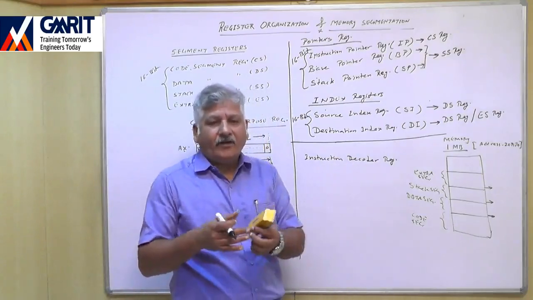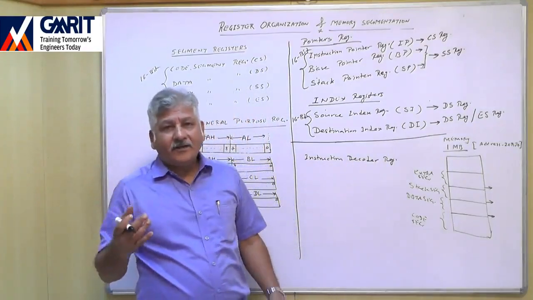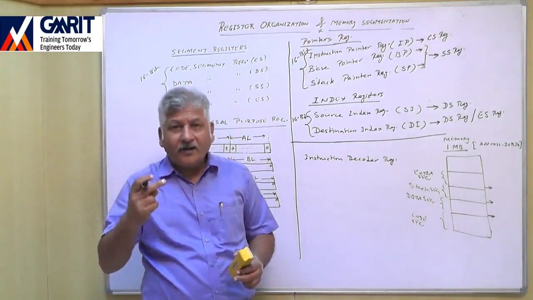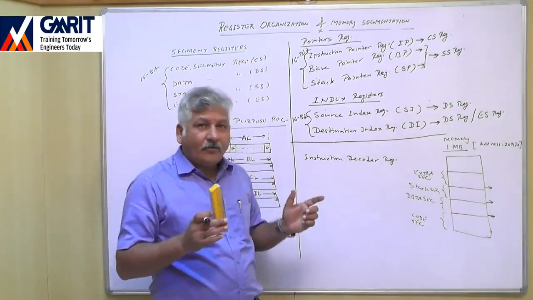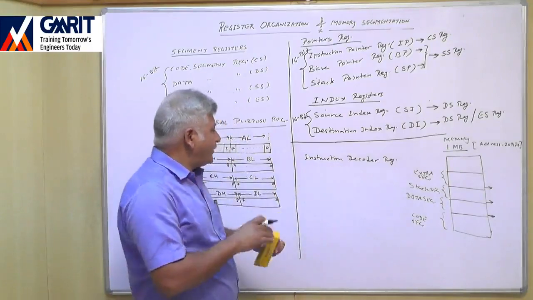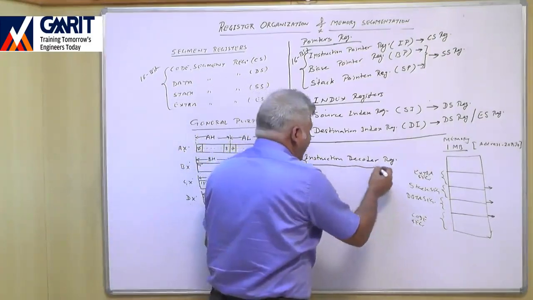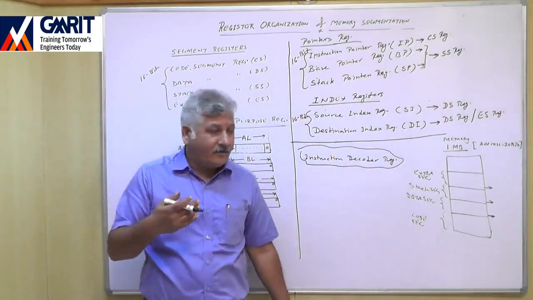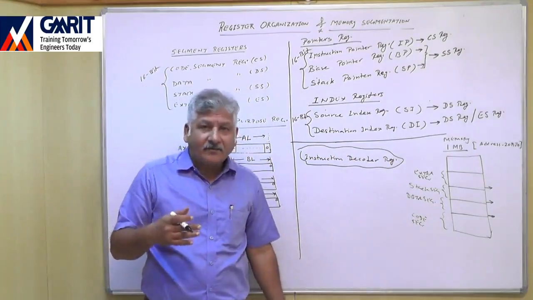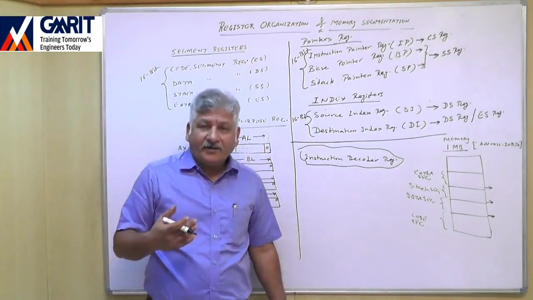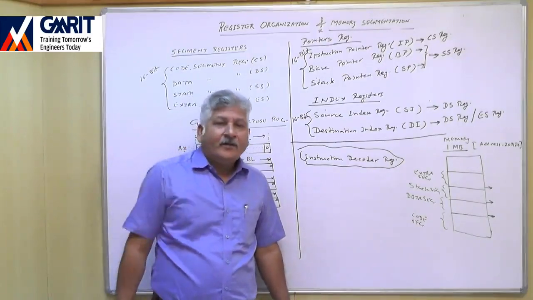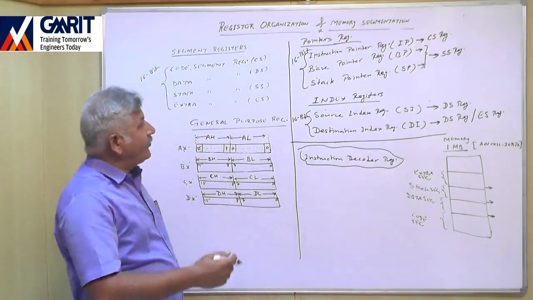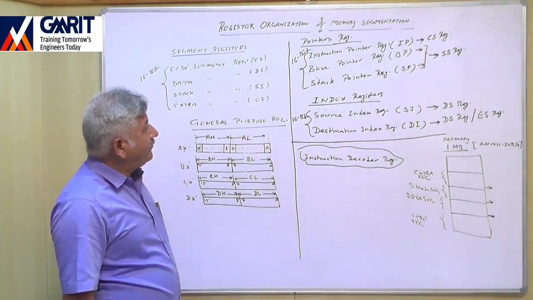Then it will generate various types of control signals to perform the execution of a particular instruction. But this register is non-programmable; the programmer does not use this register in instructions. It is used internally by the processor. In this way, in total there are 14 registers.